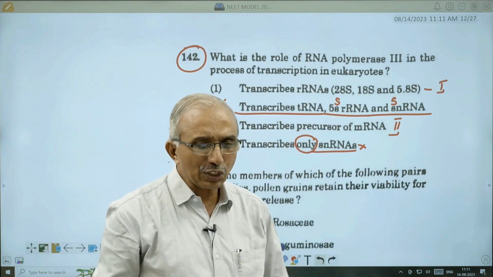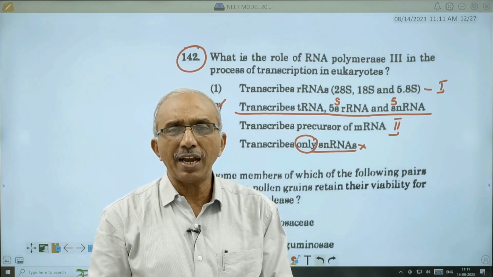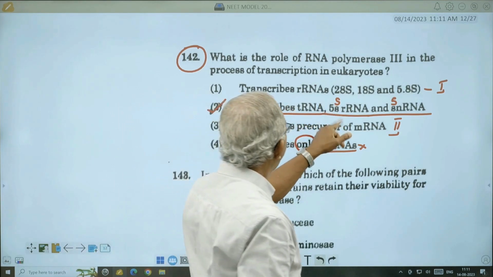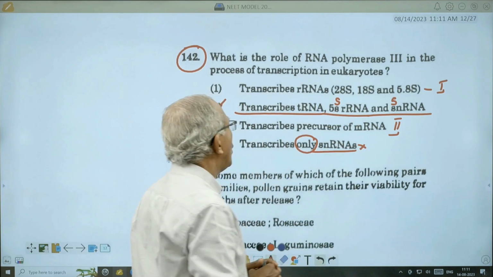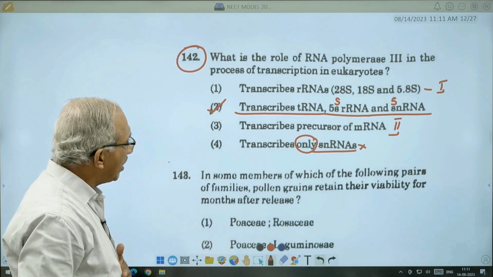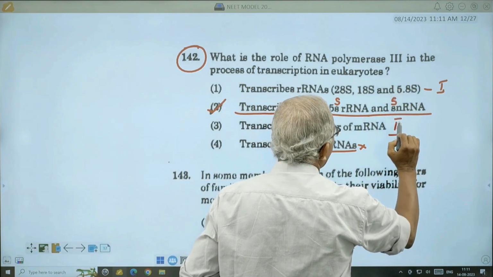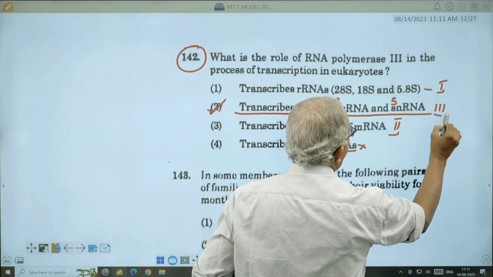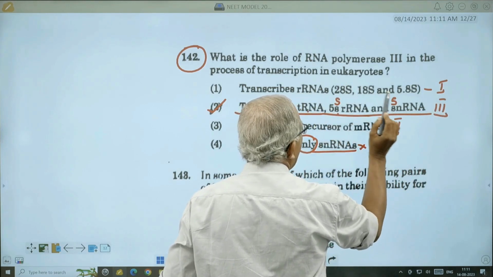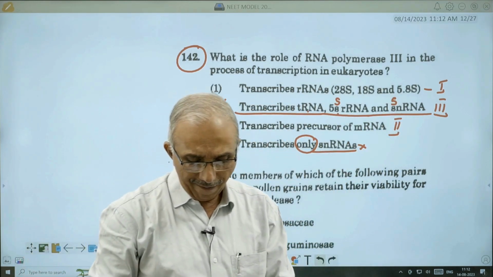RNA polymerase 3 transcribes not only snRNA, also tRNA and 5S rRNA. So we drop RNA polymerase 2; RNA polymerase 3 transcribes 5S rRNA, tRNA and snRNA.